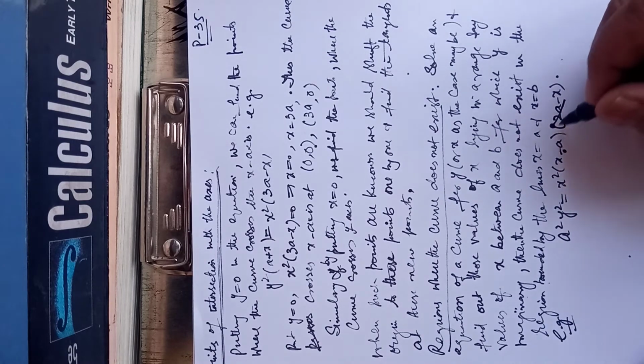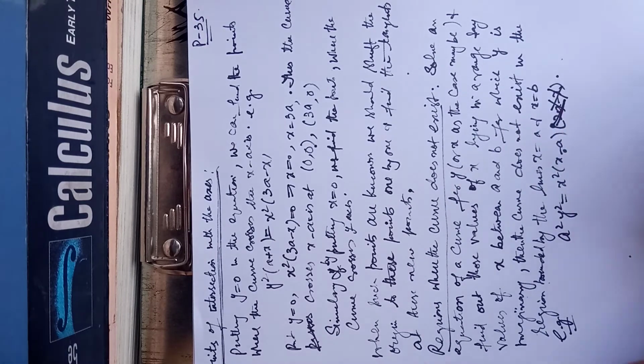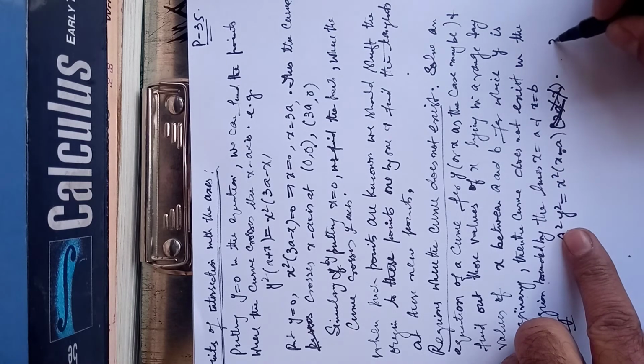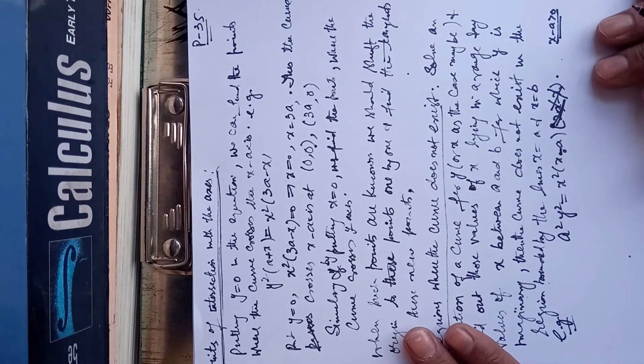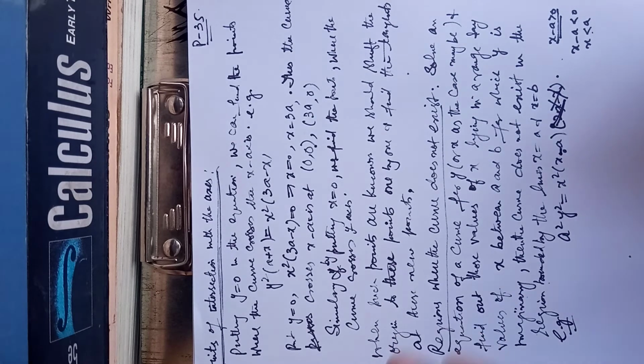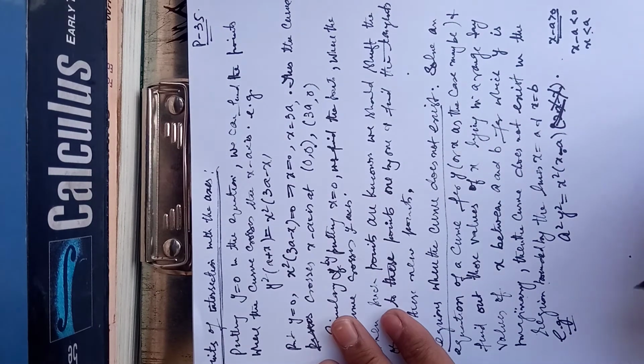If x minus a is positive, then this is nothing to worry about. But if x minus a is negative, means x is less than a, y square is imaginary. So the region does not exist.